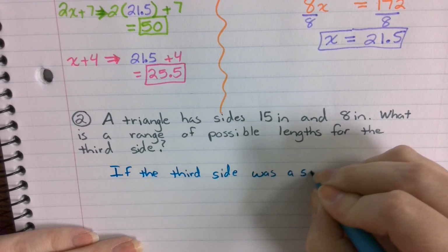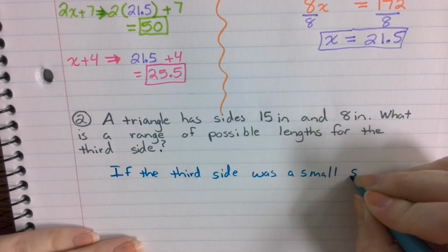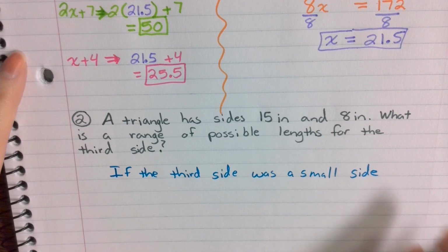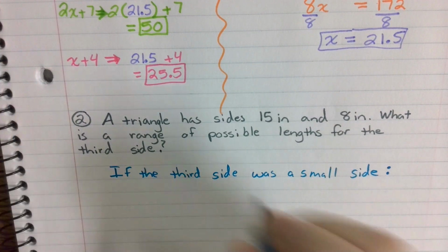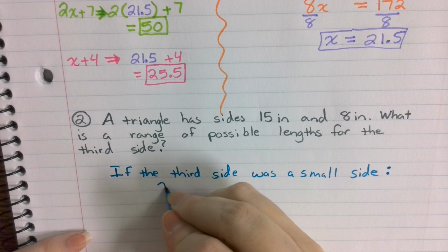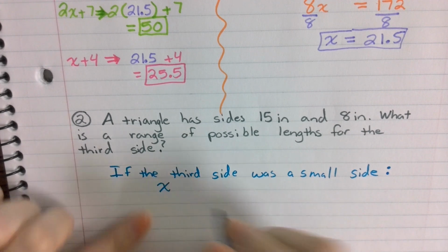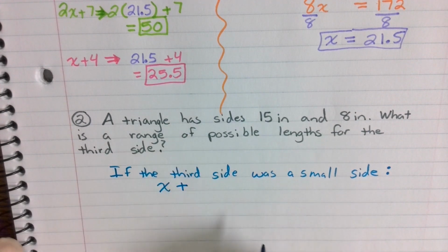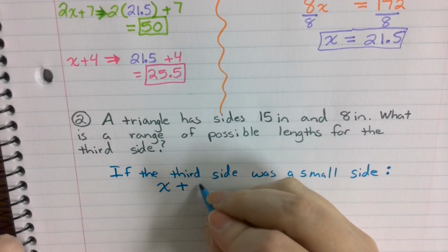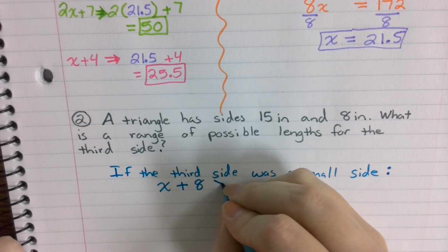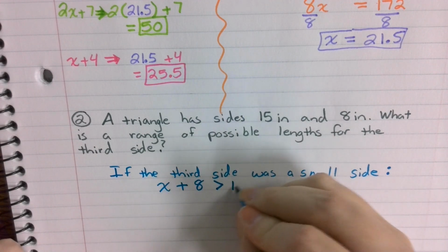If the third side was a small side, we have to think about the fact that that number, x, plus the next smallest number, what's the other smallest number? 8, has to be greater than 15.